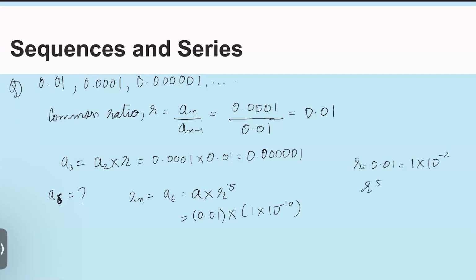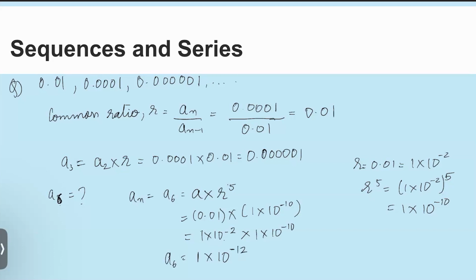So if you take R5, that is 1 into 10 raised to minus 2 raised to 5, you will get this as 1 into 10 raised to minus 10. Okay, so in that way, you will have 1 into 10 raised to minus 2 multiplied by 1 into 10 raised to minus 10. Okay, so this you will actually get as 1 into, so now you add because you are multiplying the 10 with respect to some power. This you get as minus 12, your A6.